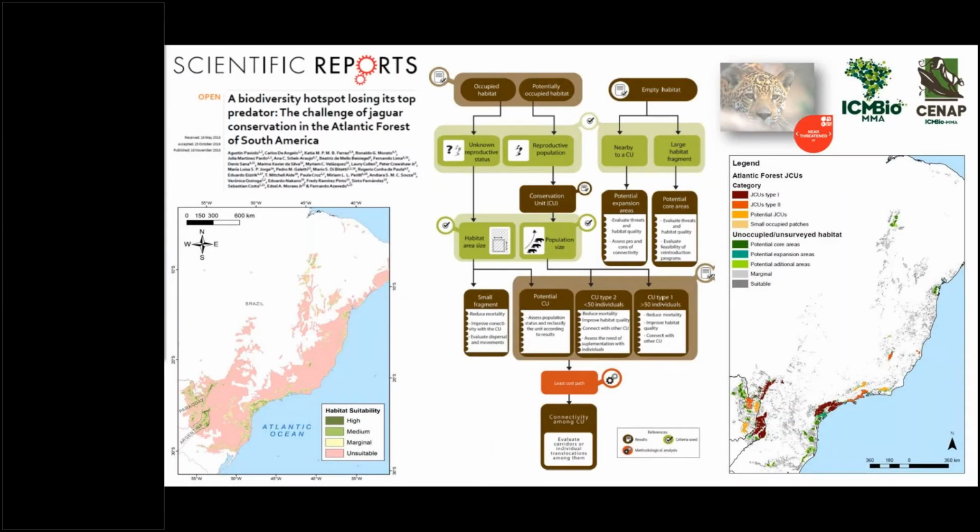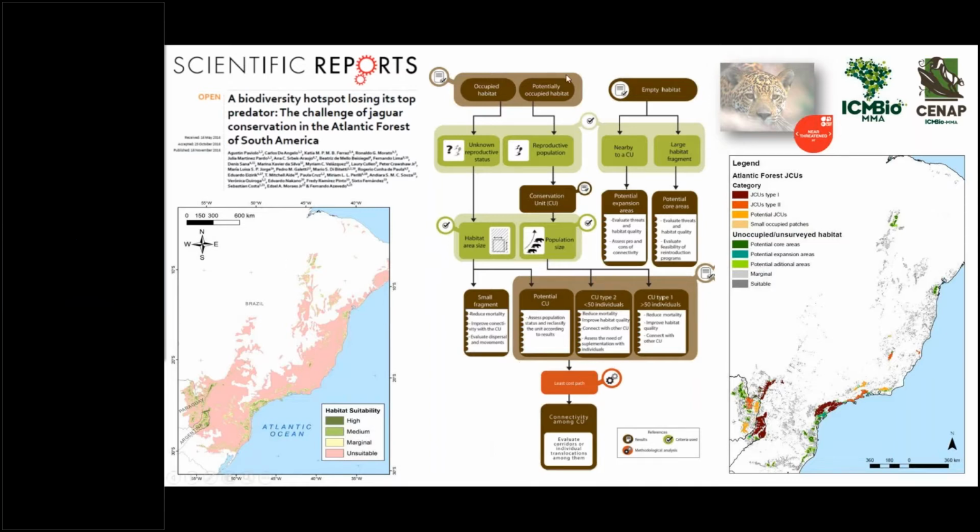Another example also comes from jaguar. We ran the SDM for jaguar in the Atlantic forest in Brazil. The model also revealed the severe fragmentation of the species distribution and helped us find higher suitable areas for species presence.